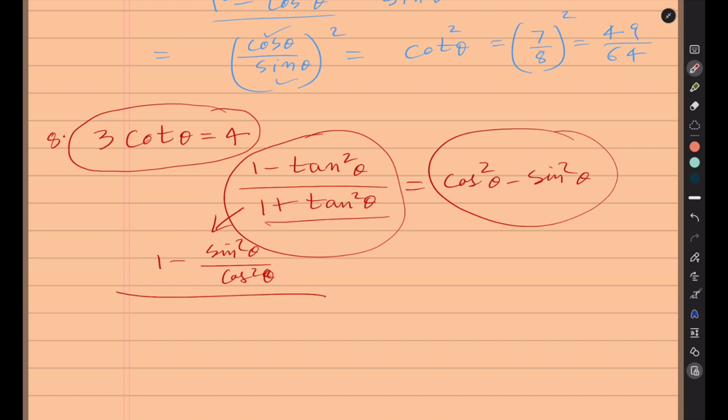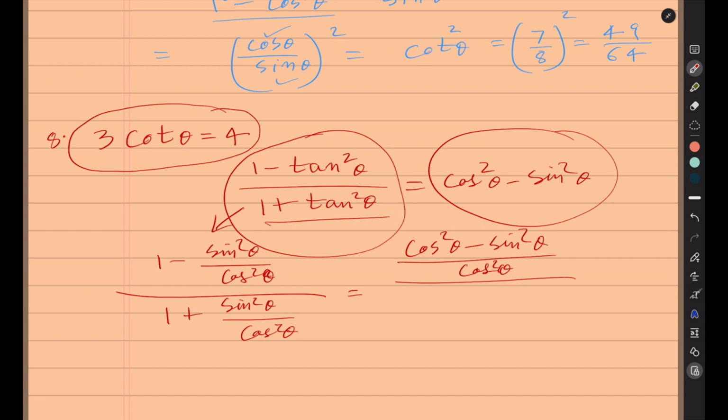And then 1 plus tan square theta, we can write as 1 plus sine square theta divided by cos square theta. And then this one we can write as cos square theta minus sine square theta divided by cos square theta, isn't it? And then here cos square theta plus sine square theta divided by cos square theta.